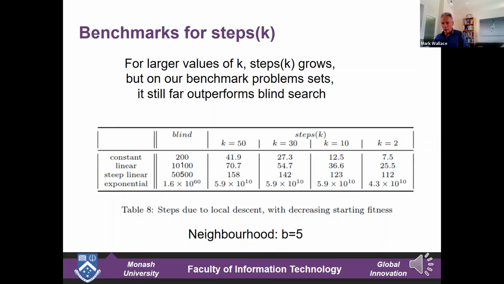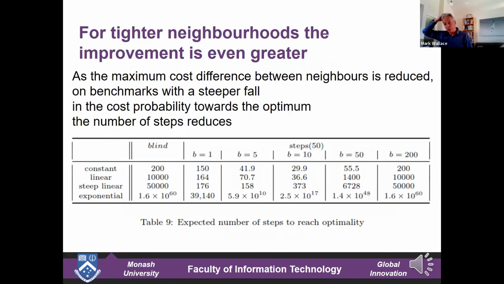That's looking at a neighborhood bound of B equals 5. If we actually look at tighter and tighter neighborhoods, going from B equals 1 to B equals 200, then again the number of steps does decrease, particularly in the steeper problem sets.